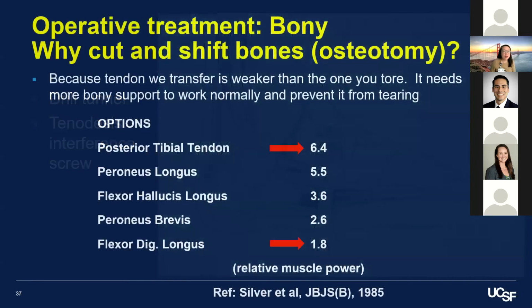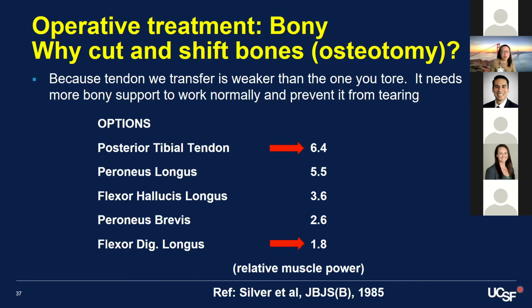And it's also important to help patients understand why we have to do additional bony procedures and why this one simple tendon transfer isn't going to work. So I usually tell patients, if I show them this chart, I say, look, the posterior tibial tendon, the relative muscle strength is like 6, and then the FDL is only like 2.